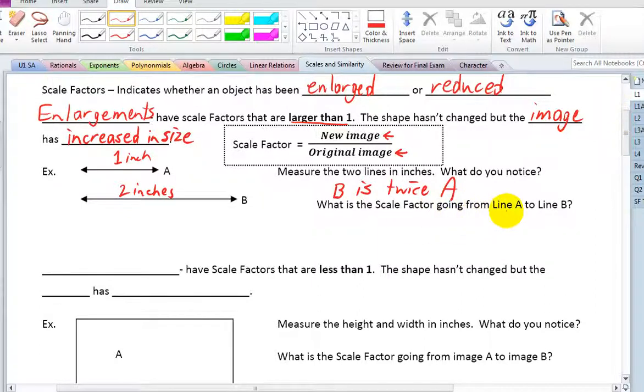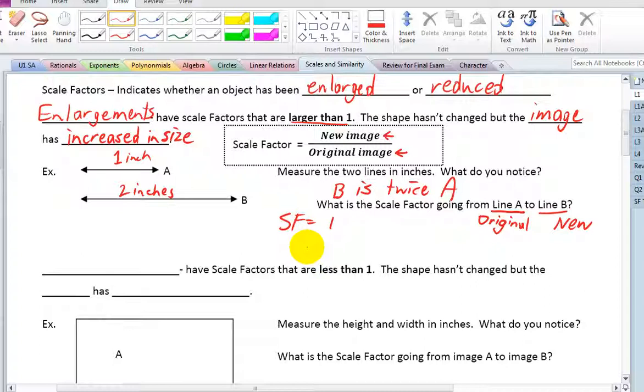So when I ask for the scale factor, I'm going to start right here from line A. I have to tell you what the original measurement is, and this to line B means that line B is the new image. If I had set it reversed, the scale factor would be reversed. So for us, the original is line A, 1.